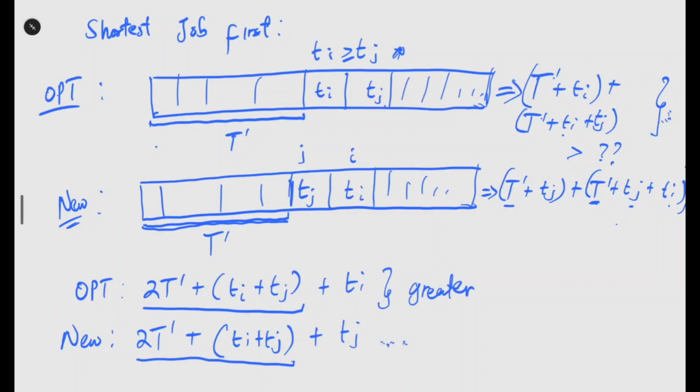This is smaller. The total wait time for the new schedule is smaller than the total wait time for the OPT. So in this way, when we exchange all pairs, we obtain the greedy schedule, and the greedy schedule is the most optimal at this point. This new schedule, which is a greedy schedule, is the most optimal at this point.